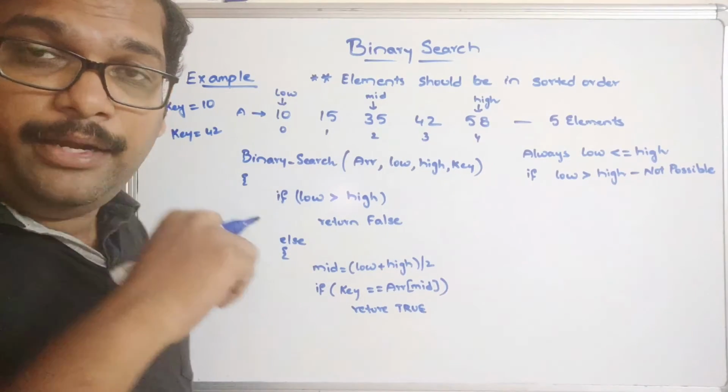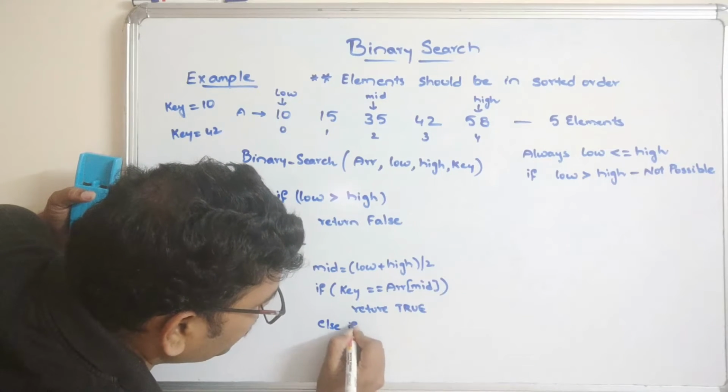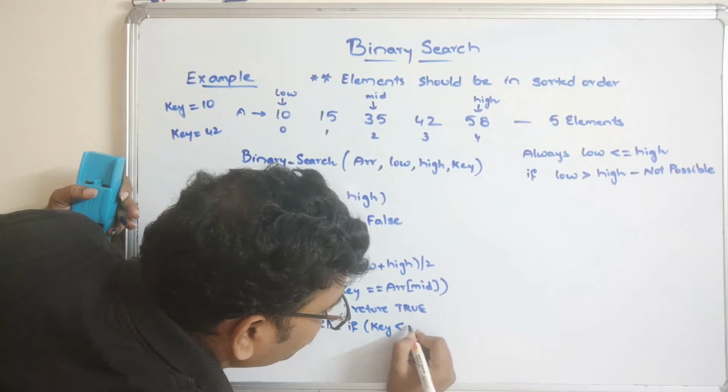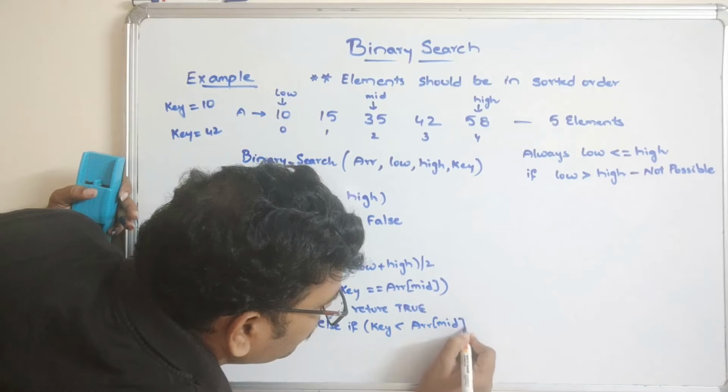Mid is the position, right? Else, again we have to check the condition. Else if key is less than array of mid, what happens?